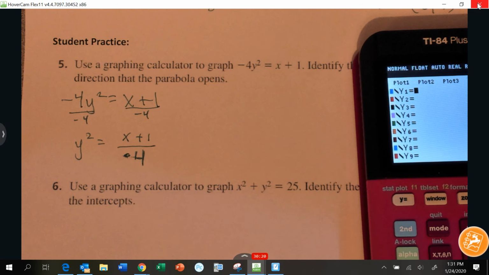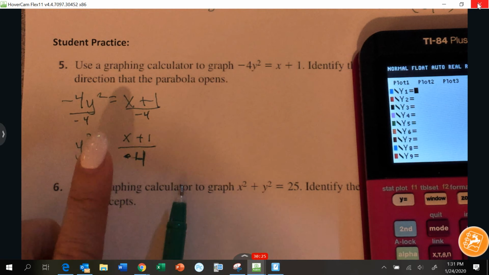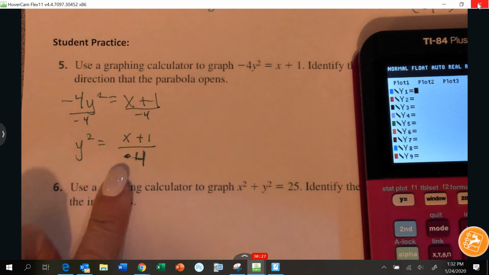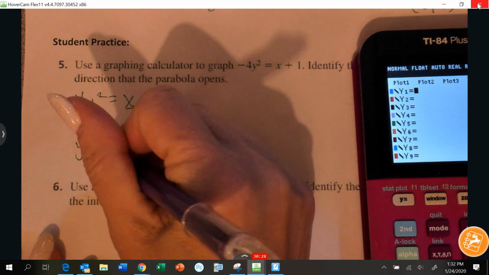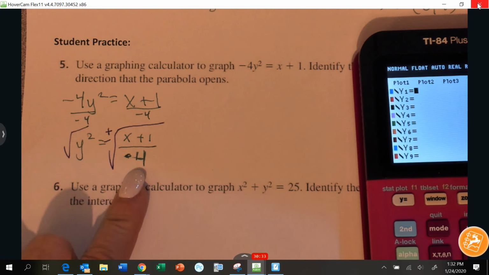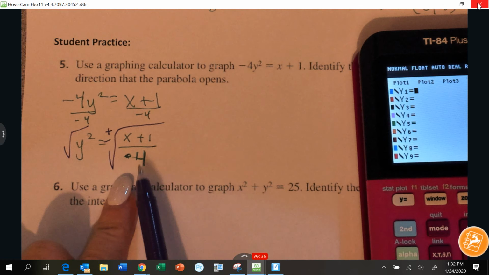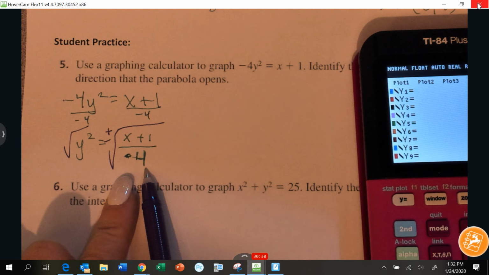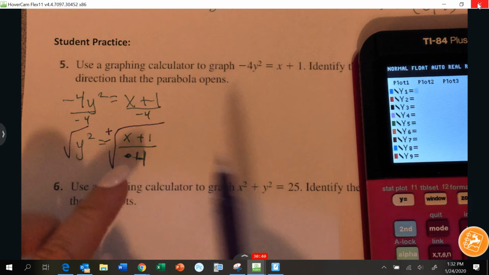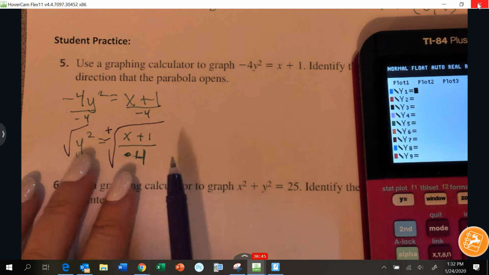The directions are just graph it and give me some information, so I'm going to leave that negative down there. What else do I need to do? Square root. As soon as I square root and put plus minus in, I now have a radical in my denominator, which I also can't have. But for graphing, it doesn't matter, even though this is not how you simplify it.